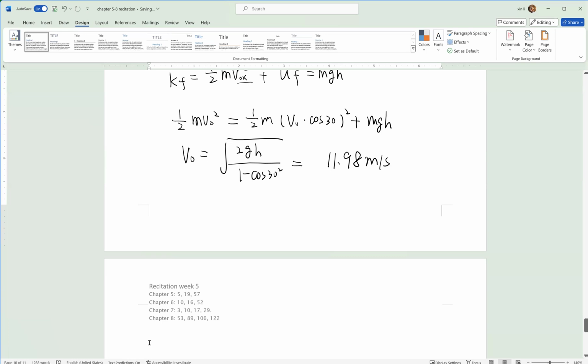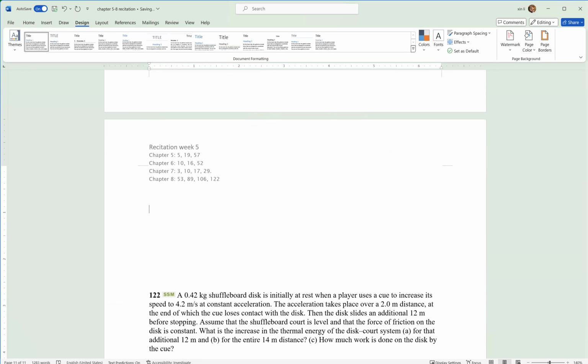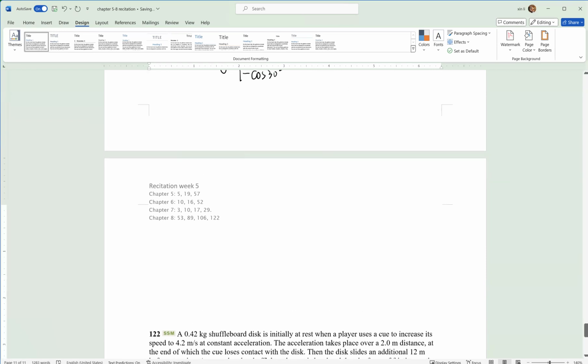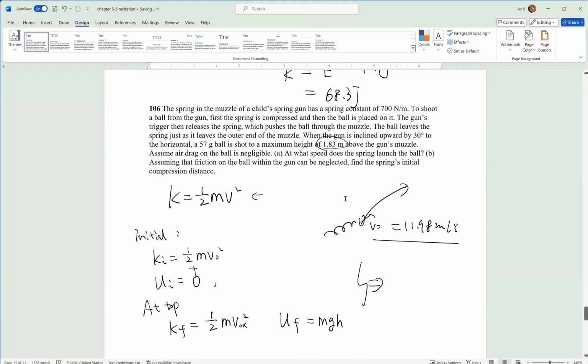So the gun, so here. So this K initial is coming from the spring potential energy. So you are going to write it like this. Oh, this is a little confusing because your spring, oh yeah.